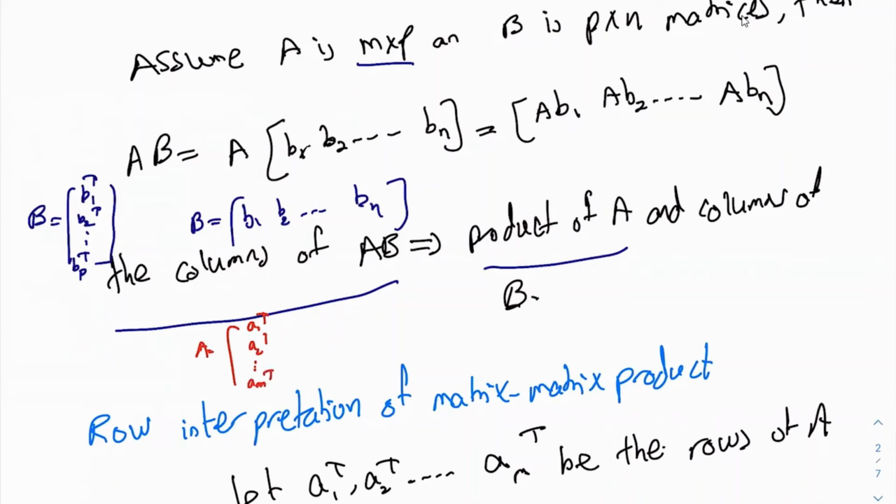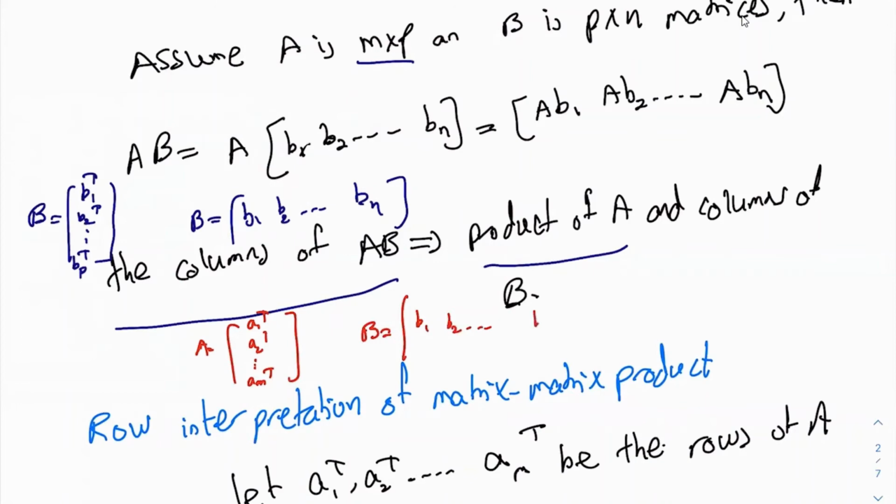And matrix B in its column representation, B1, B2, and Bn. Okay. When you do the AB product, what is the first row of AB? The first row of AB comes from the first row of A multiplied by the first column of B, then the second column of B, and all the way to the nth column of B.